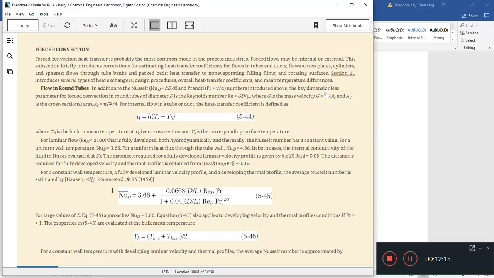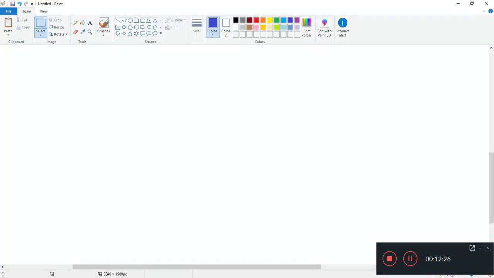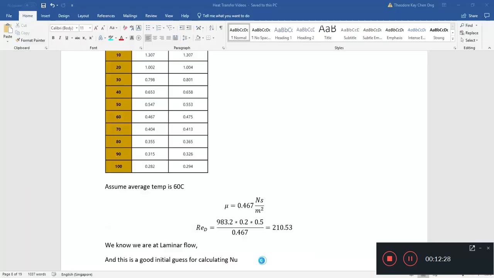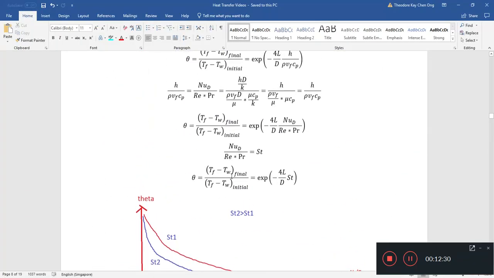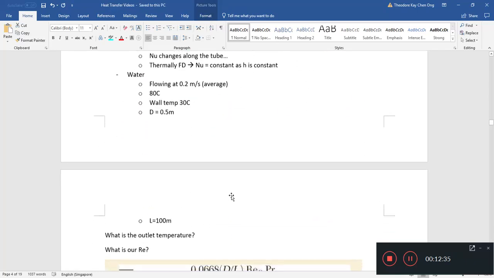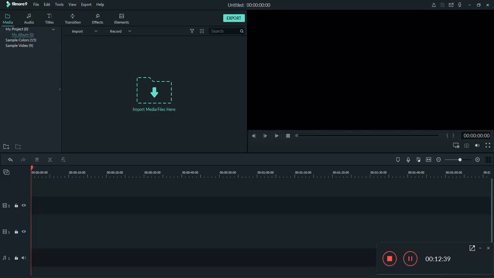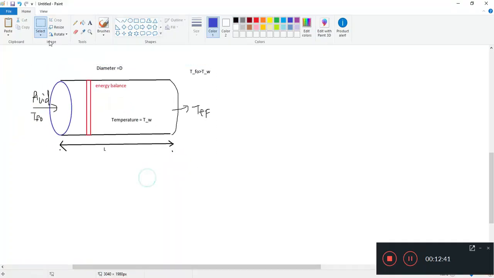All right. So we know that for thermally developing flows, the Nusselt number actually changes over the length of the tube, right? Let's go and find the picture of the tube. Yeah, we know that the Nusselt number changes from here to here to here.